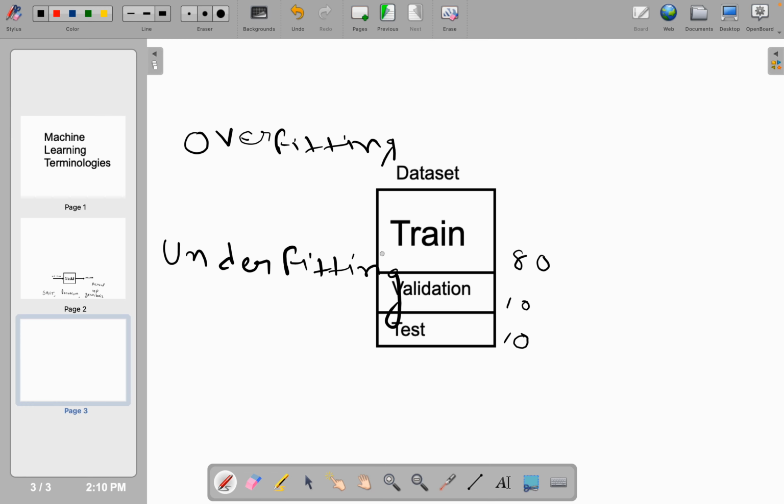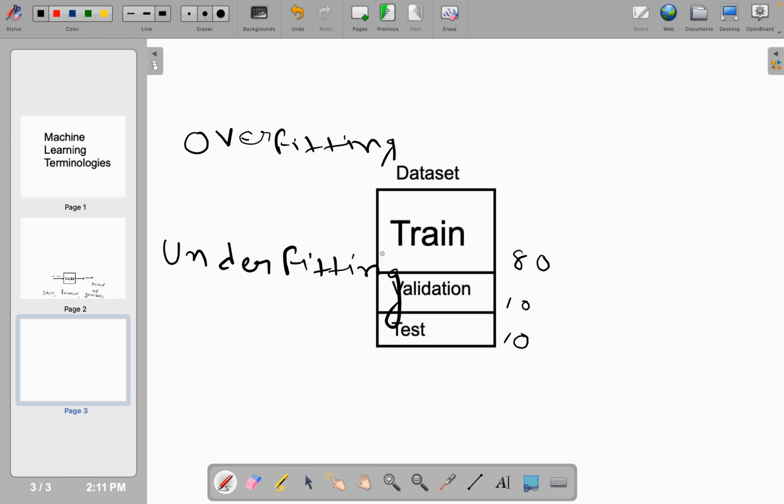You can think of a student who is not grasping the core concepts or is showing very poor performance on all types of problem statements. It is not learning very well, right? So when the model does not perform well on the training set, it is called underfitting. And when the model performs very well on the training set but not on the validation set, it's called overfitting, right?